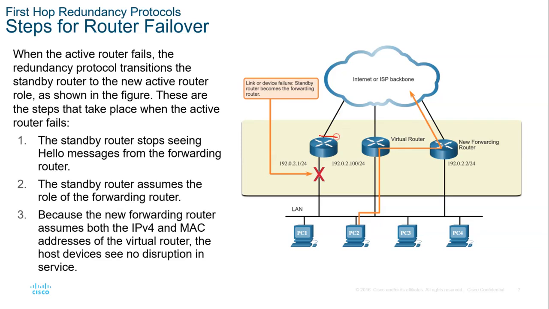So this is what I explained. What really happens is that we have two physical routers, this and then this, for redundancy purposes. Now, these are physical interfaces, and then there is what we call the virtual address. The virtual router is the one that is assigned this IP address, but this IP address is not going to be physically seen.